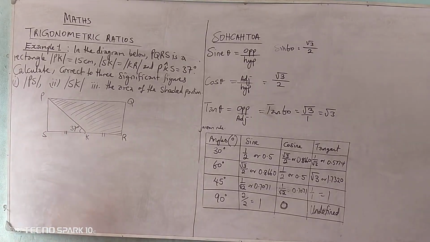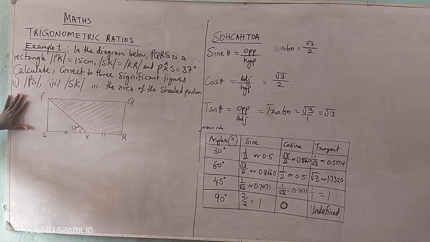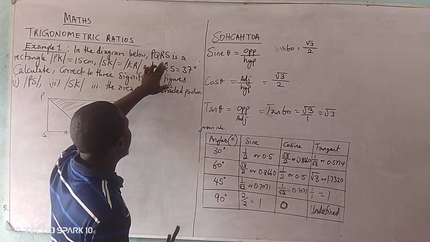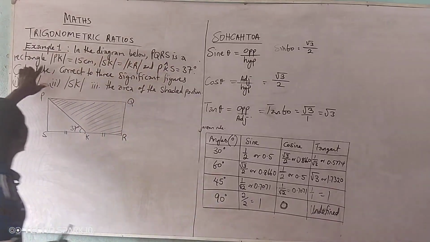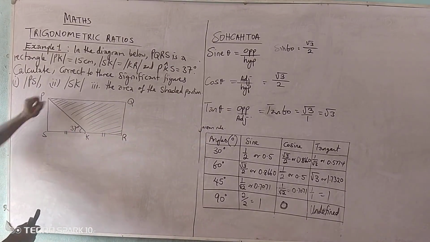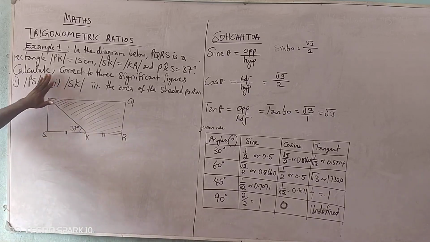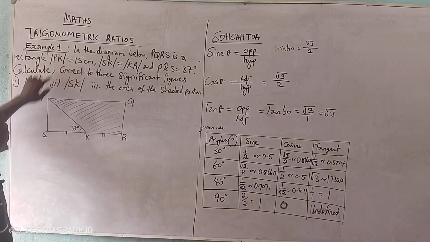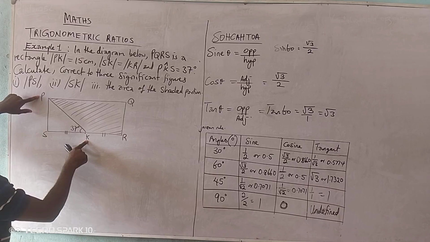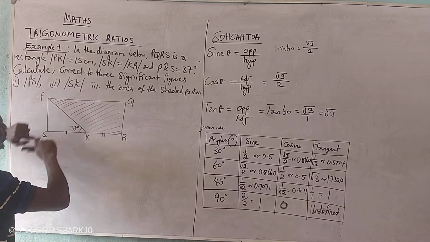So that's the question. We are going to solve this question right now. In the diagram below, PQRS is a rectangle. You can see this is the rectangle. Line PK is equal to 15 centimeters.